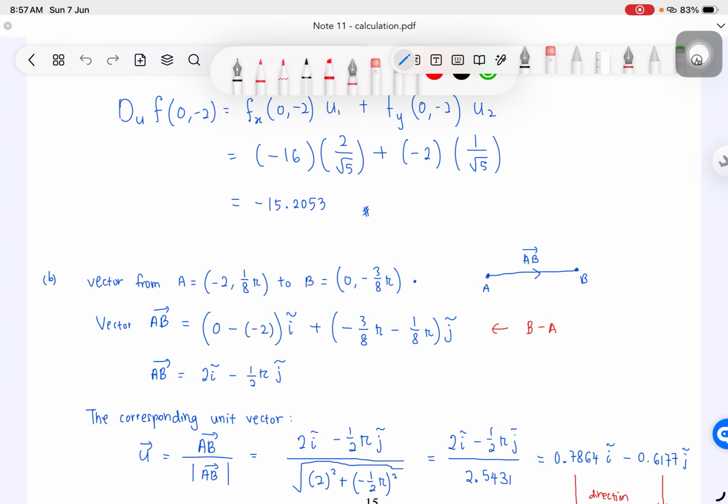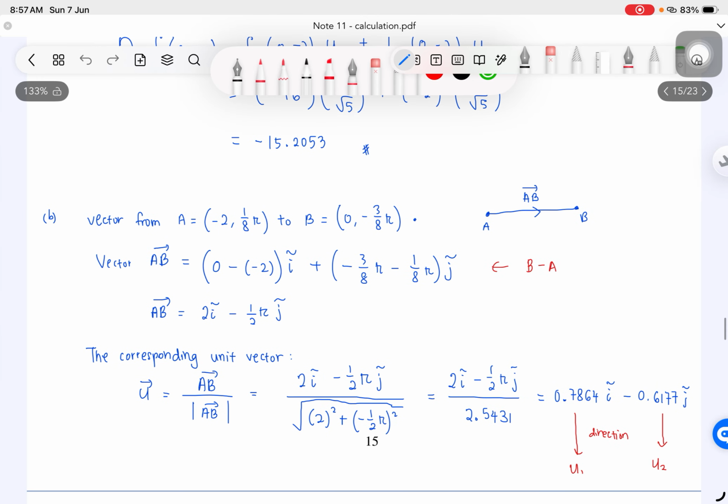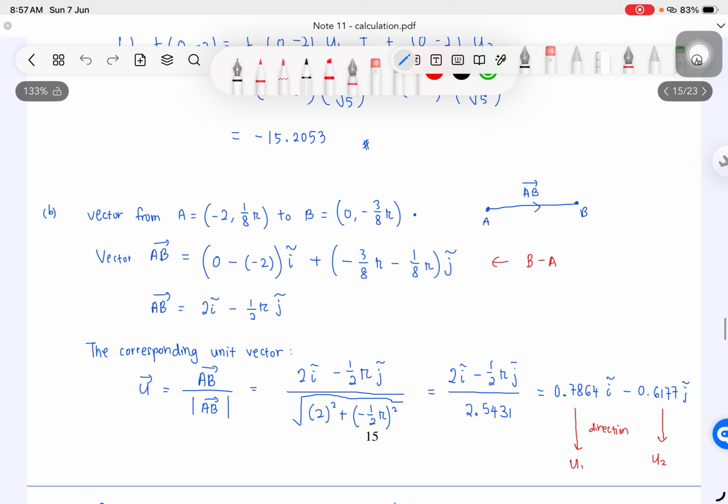Alright, now you need to check whether the vector is a unit vector or not. When you check, that one is not equal to 1, so you need to find the corresponding unit vector using the formula. When we find the unit vector using the formula, we obtain this one. It means that this is your u1 and this is your u2.